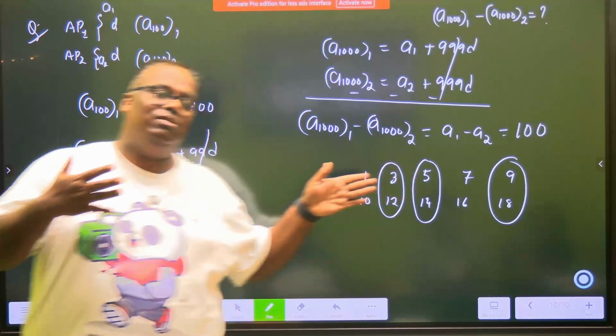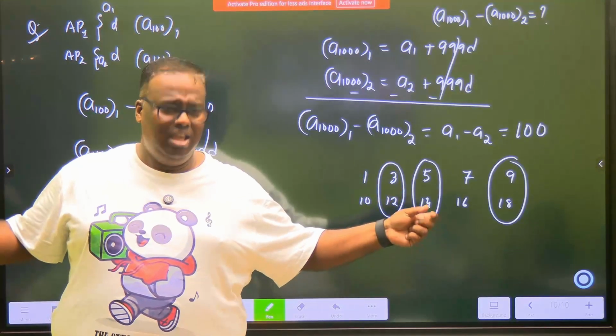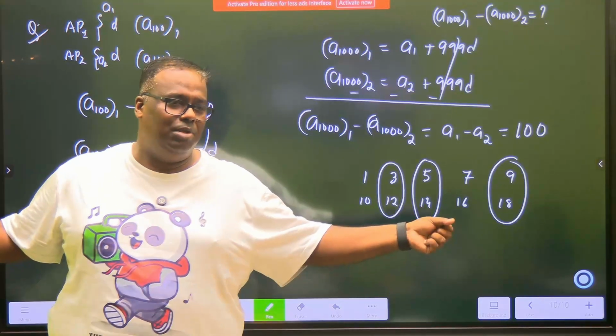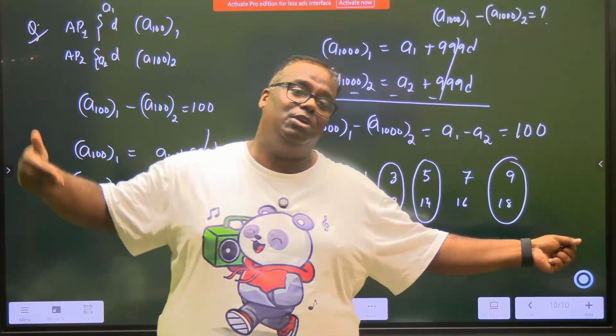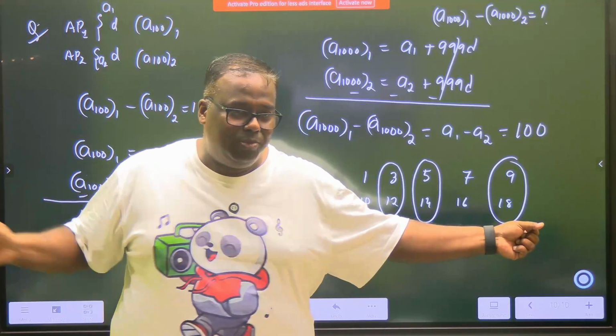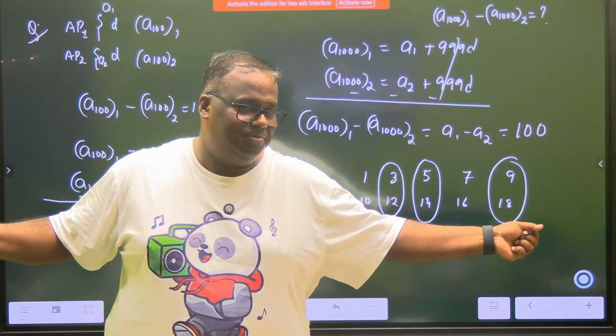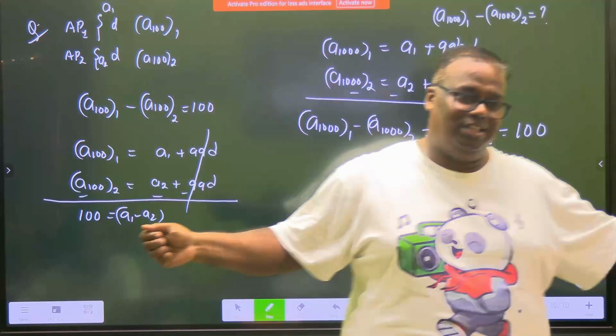Two APs have the same common difference. So imagine class 9 children are coming out singing Ringa Ringa Roses, and class 10 children are coming out with Ringa Ringa Roses a little bit later. So there is an overlap between the two classes. But their common difference is constant, meaning they are moving at the same velocity.